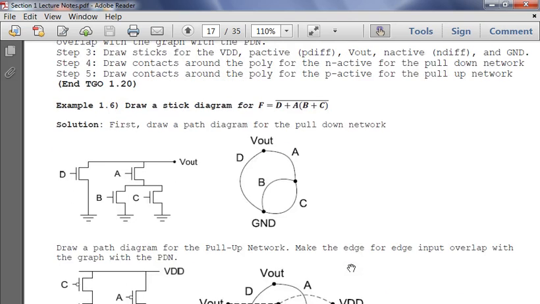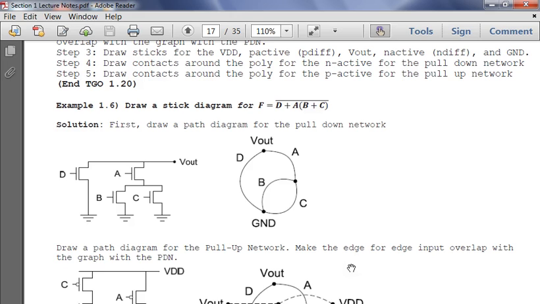Okay, so the first steps are the pull-up and pull-down network. You can actually create the pull-down and pull-up path diagrams the same way you would create the pull-down and pull-up for the transistor networks. You would just think of it the same way. If E is 0, right, it's automatically 0 to 1 regardless.